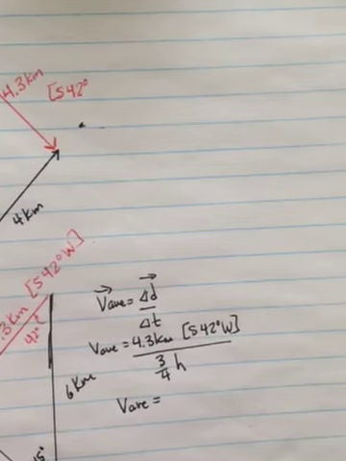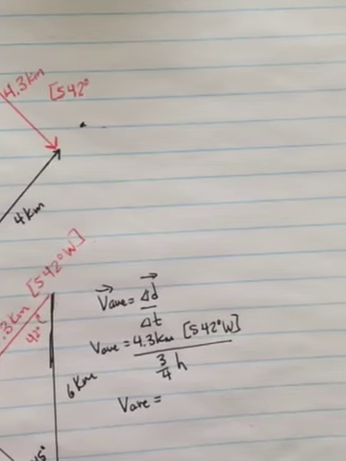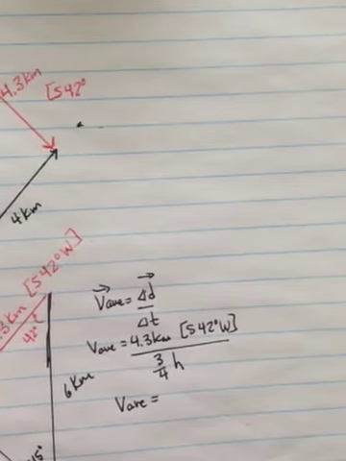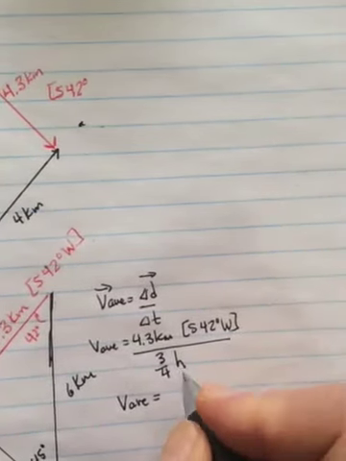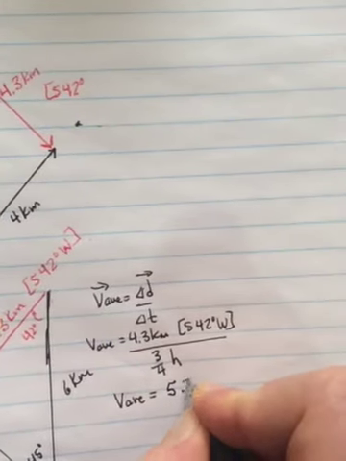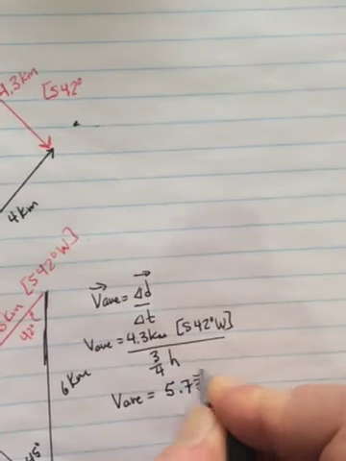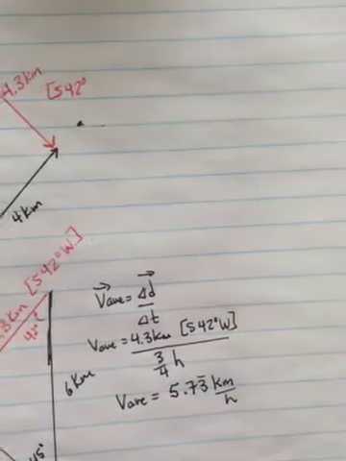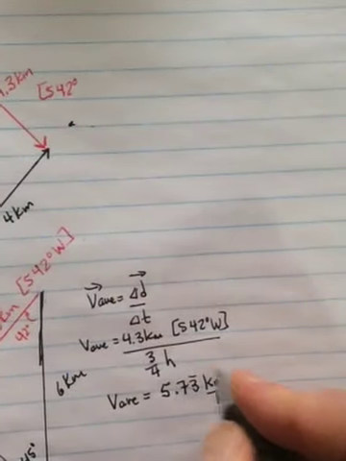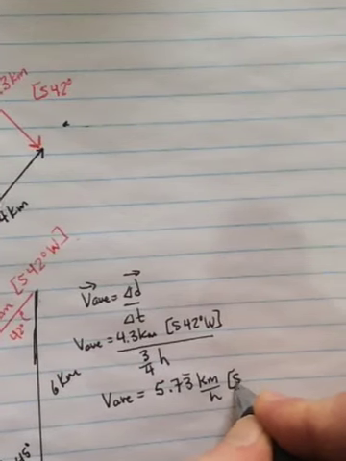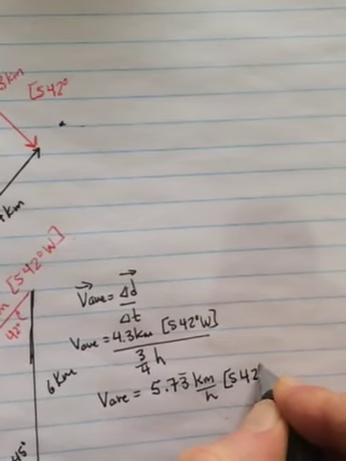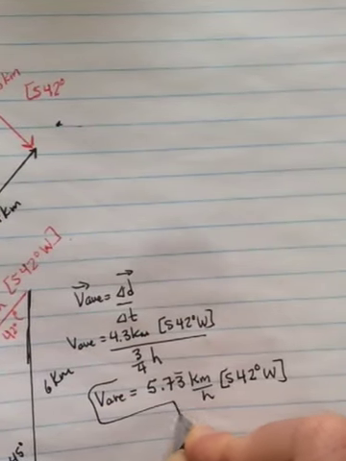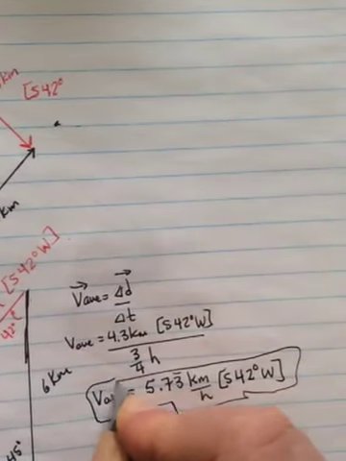So 4.3 dividing by 3/4 is the same as multiplying by 4 over 3. And you should get something around 5.73. If you had 4.3 like I did, you probably had 4.2 or 4.4, but something along those lines, and the direction will be the same. The direction of the velocity and displacement are always the same. Okay, and so that is your average velocity.